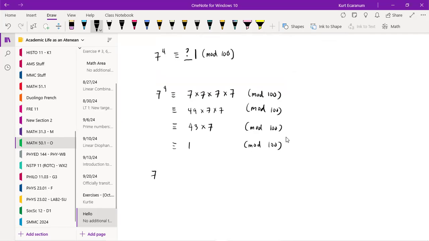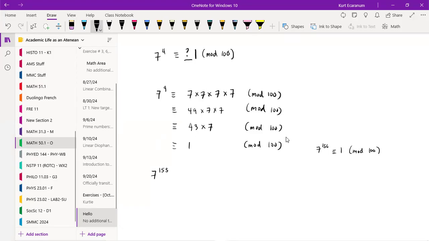So, let's consider 7 to the 155. Ngayon, if you can notice, okay, the number next to it, 7 to 156, is congruent to 1 modulo 100.